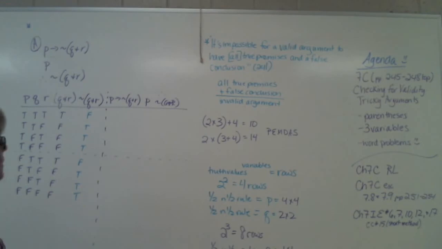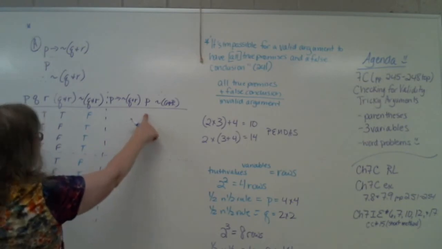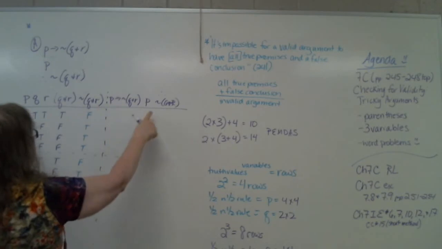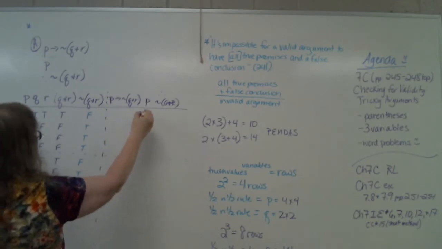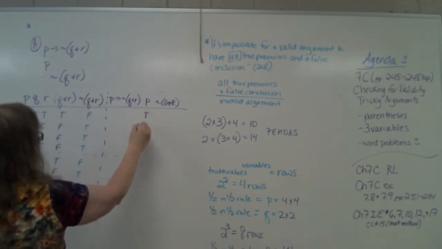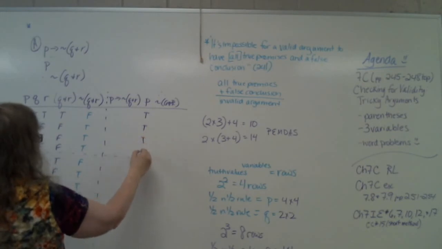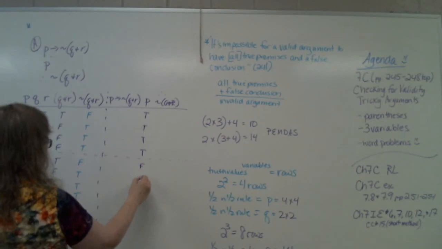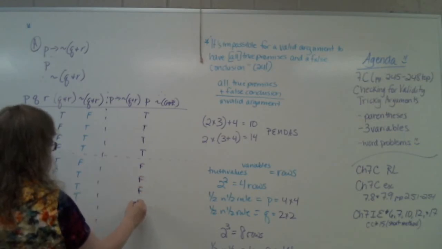Now I can get to the real part of my argument. We know that P shows up over here as well. And regardless of where it shows up in the mix, P on the first line is always true. P on the second line, true, true, true. Fifth line, false, false, false, false.